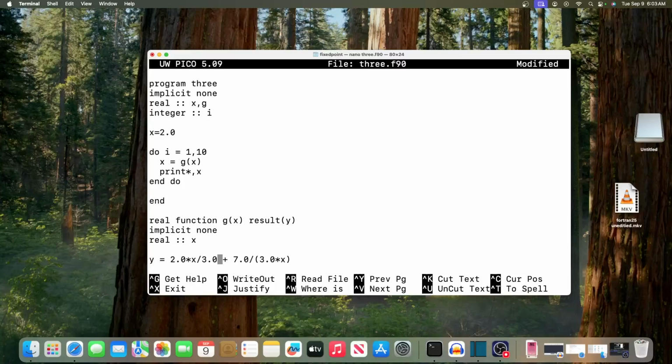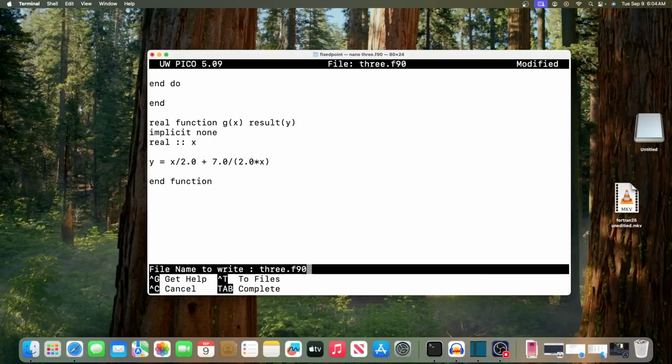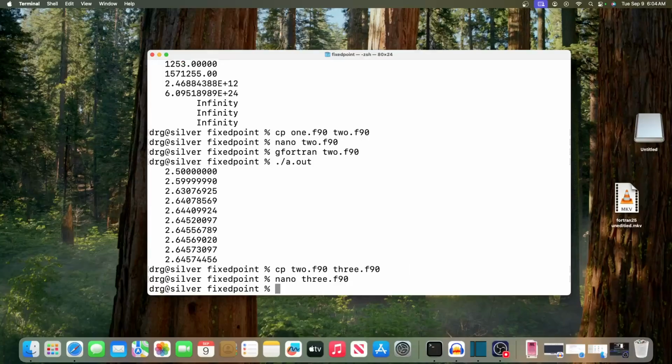In our third example, the g of x was x over 2 plus 7 divided by 2 times x. x over 2 plus 7 divided by the quantity 2x. Write it out. Exit.